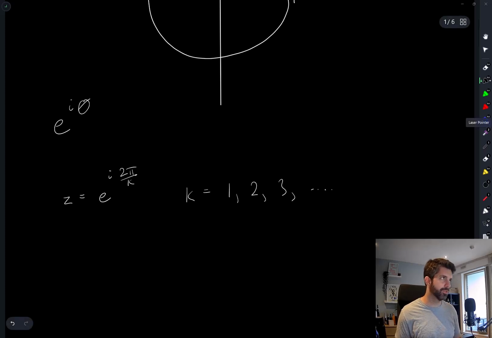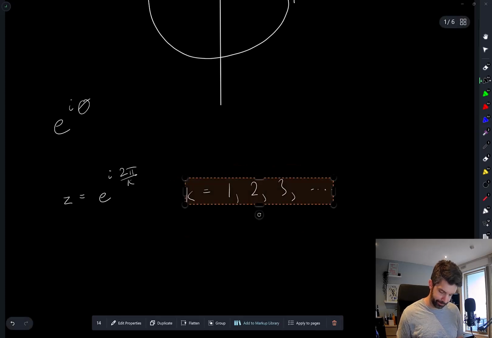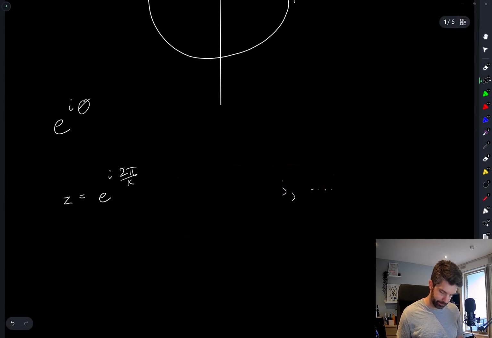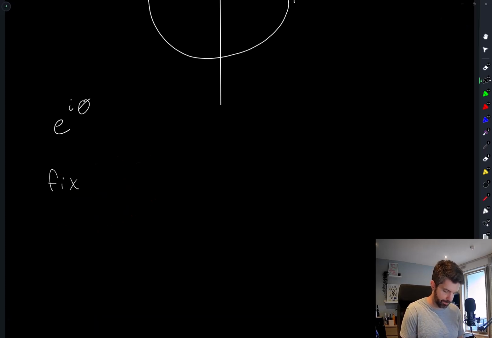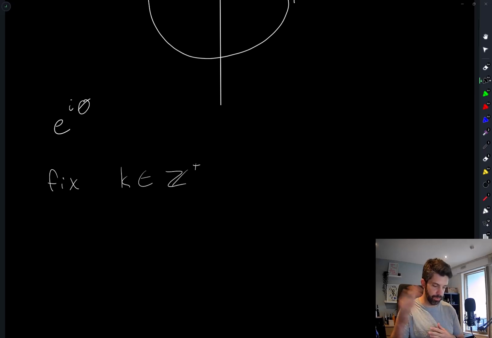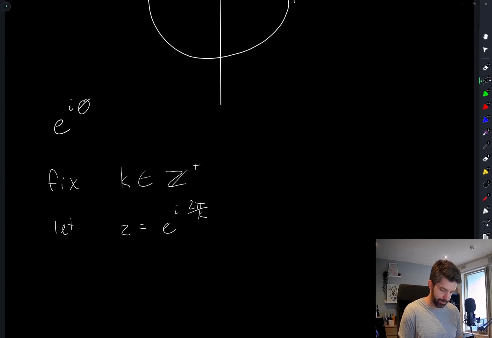Okay, I'm going to say fix k in the positive integers. So k is 1, 2, 3, 4, and so on. And let z be equal to e to the i times 2 pi over k.